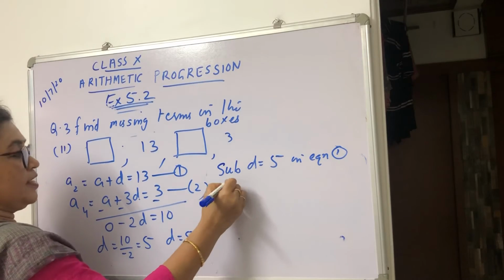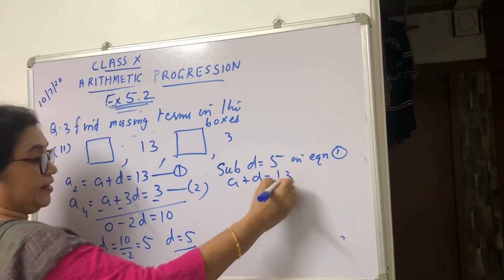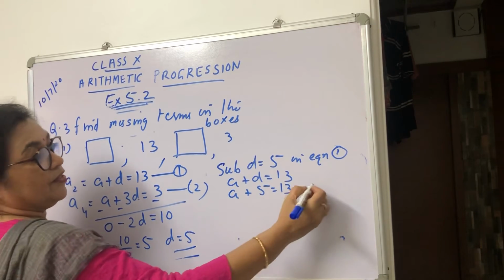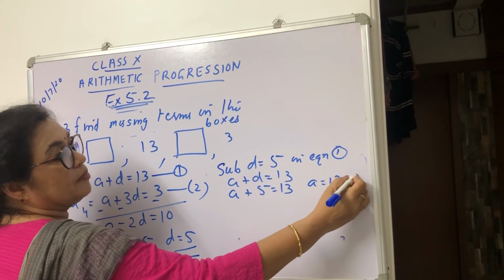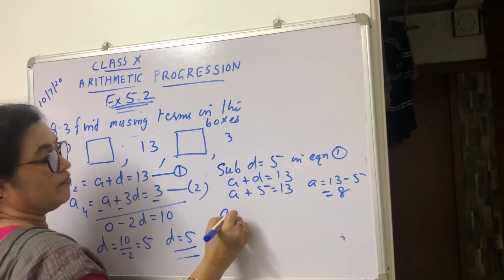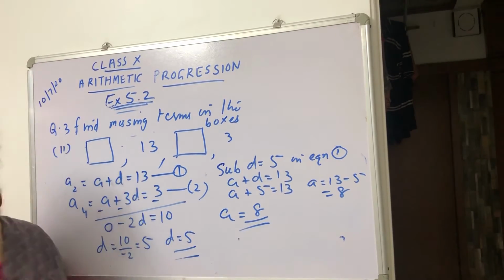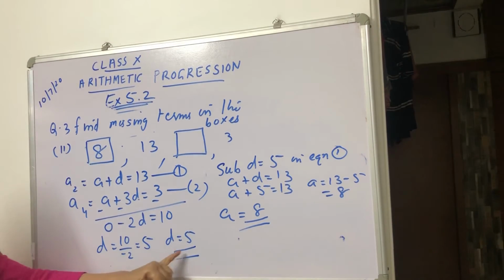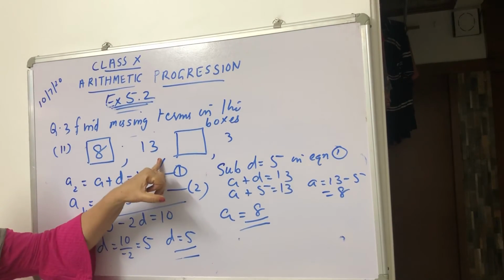So it is A plus D is 13, A plus D is 13, then A is equal to 18. The value of A is 18.